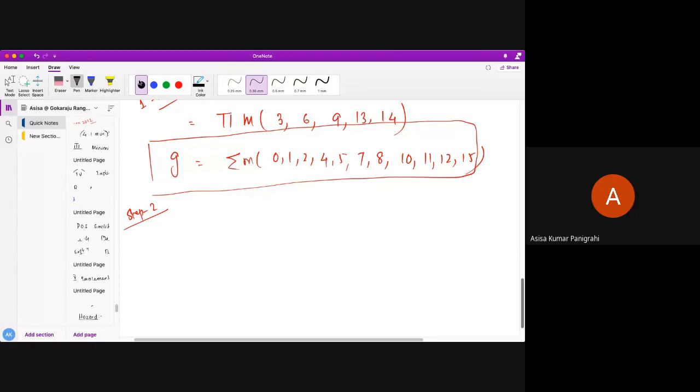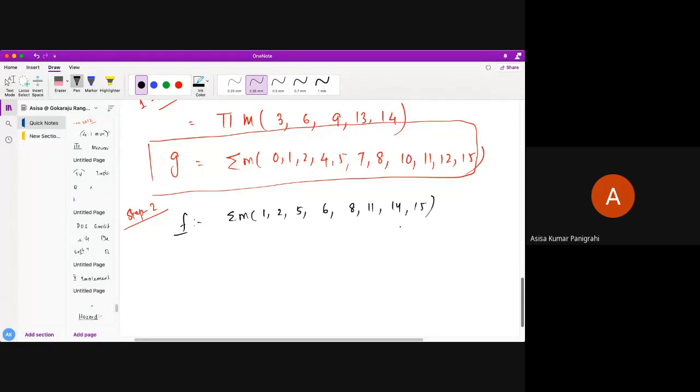So for that, I am going to do it for F now. For my F, what is the function we have got? Summation of M: 1, 2, 5, 6, 8, 11, 14, 15.